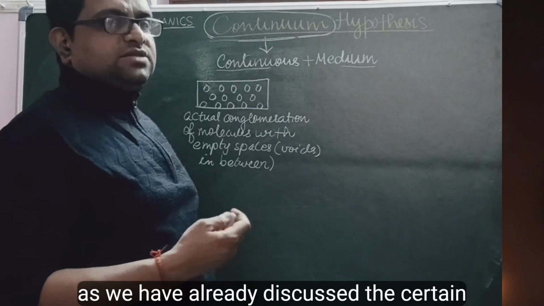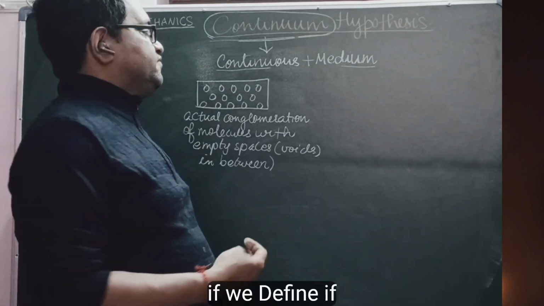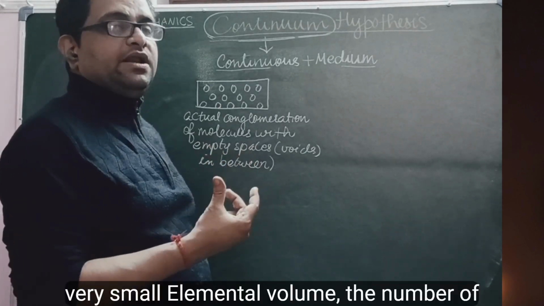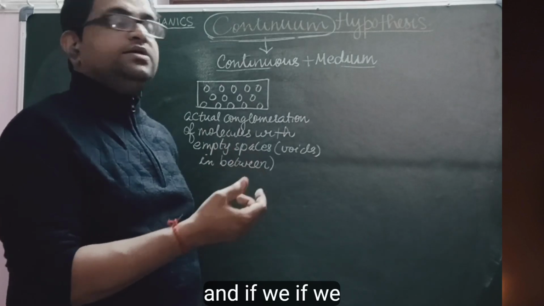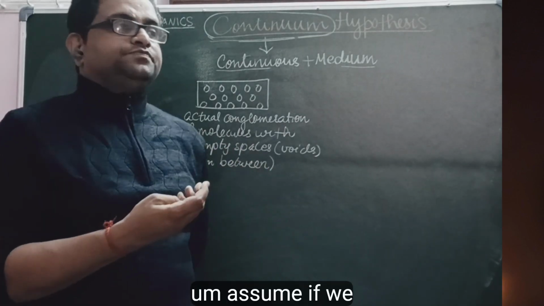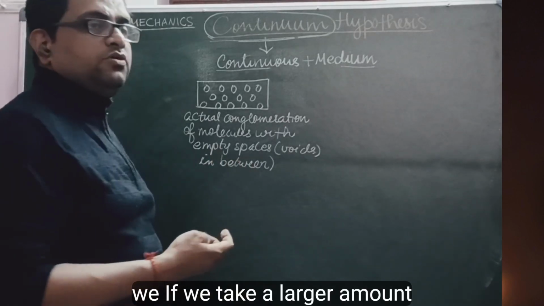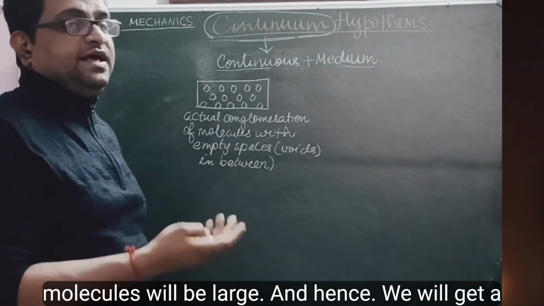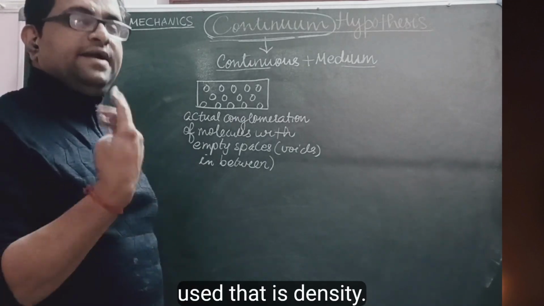As we have already discussed the certain constraints of the microscopic approach, if we consider a very small elemental volume, the number of molecules will be less, and if we take a larger volume, the number of molecules will be large, and hence we will get a different value of the property which we have used, that is density.